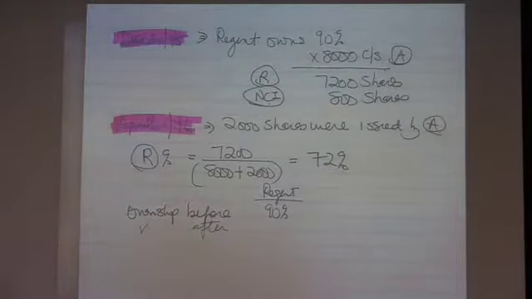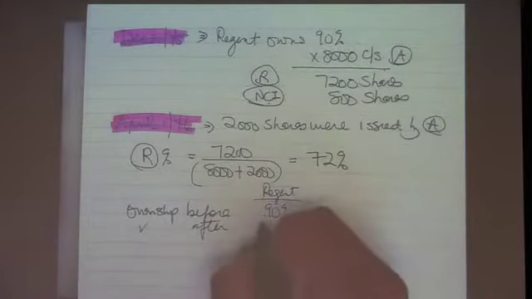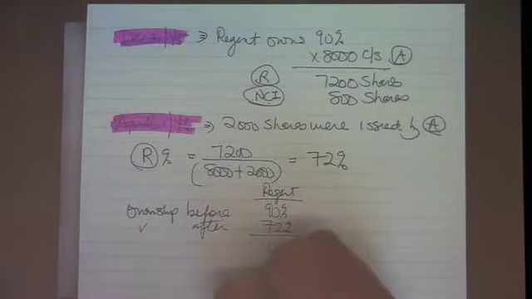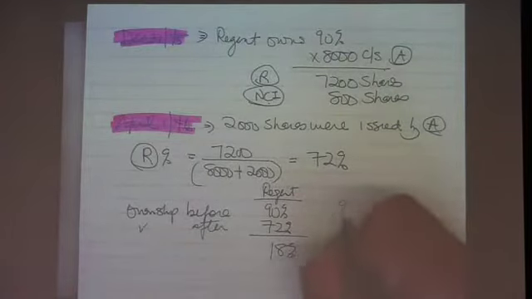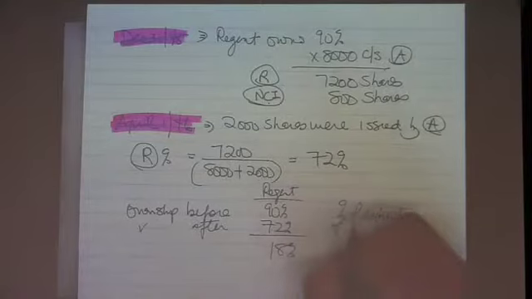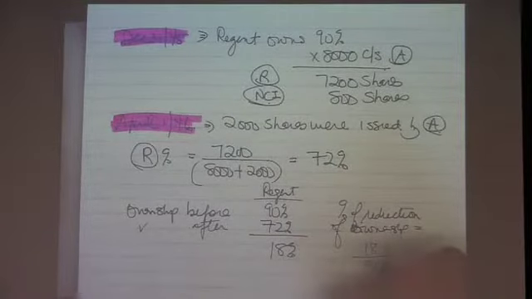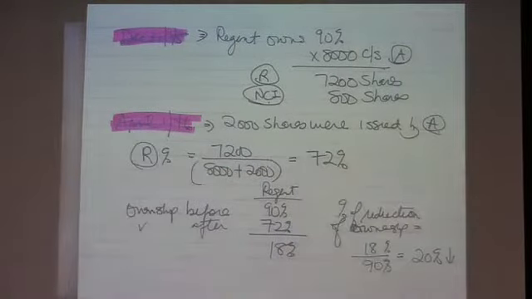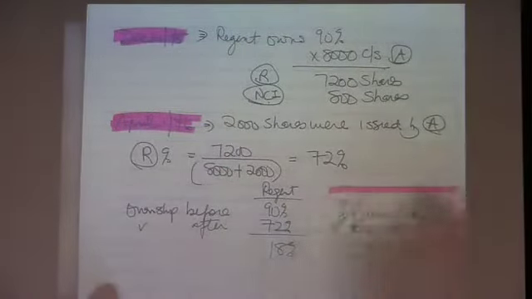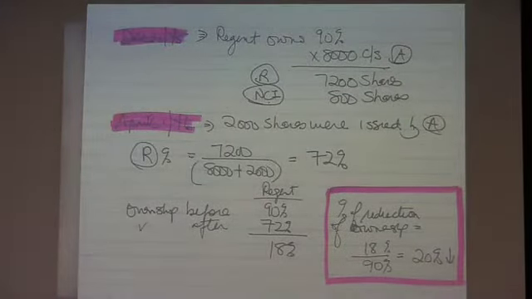In April, you'll see that after, we now own 72%. So the difference is 18%. So the percentage of reduction of ownership is 18 divided by 90%, which gives me a 20% reduction. And that's an important calculation that we're going to use as we answer the rest of the question.